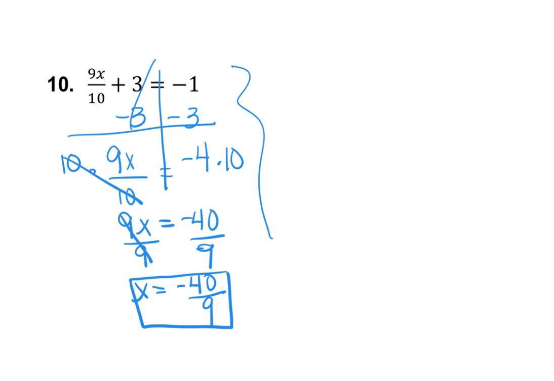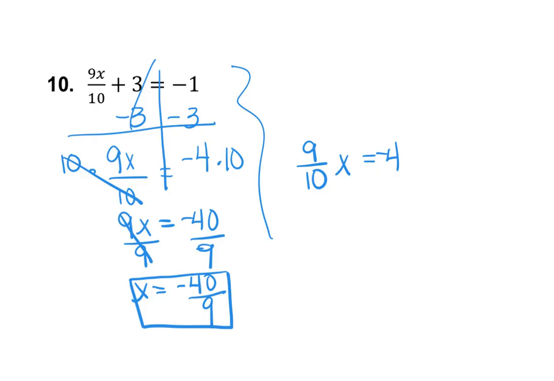All right, so let's go back up to that 9x all over 10. When you've got this 9x all over 10, it's the same thing as 9 all over 10 x is equal to -4. So we could look at this as, well, the 9/10 is multiplying the variable.